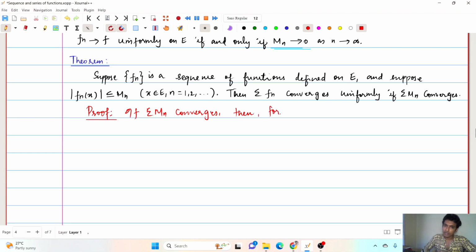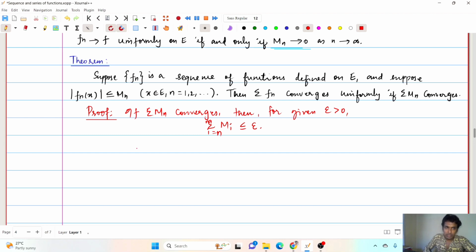Then for given epsilon positive, we will have summation i runs from n to m, Mi would be less than or equals epsilon.